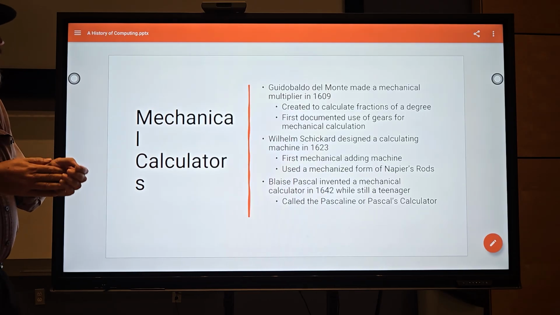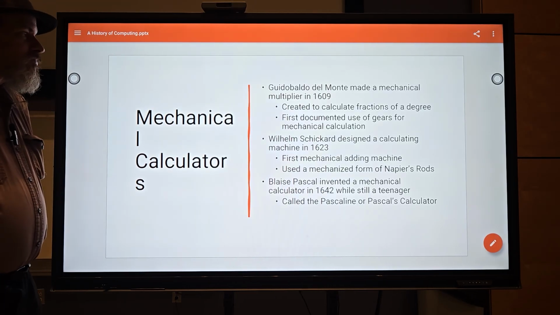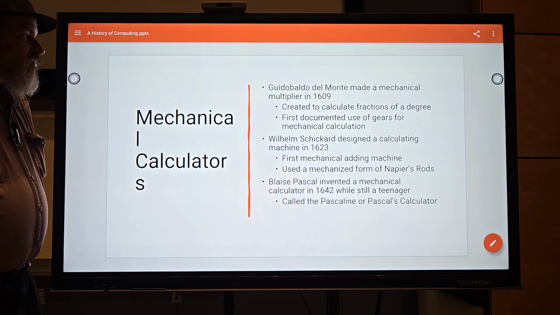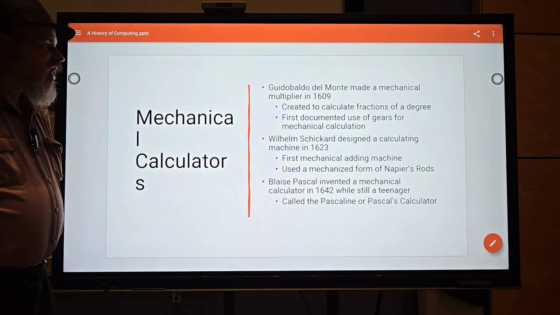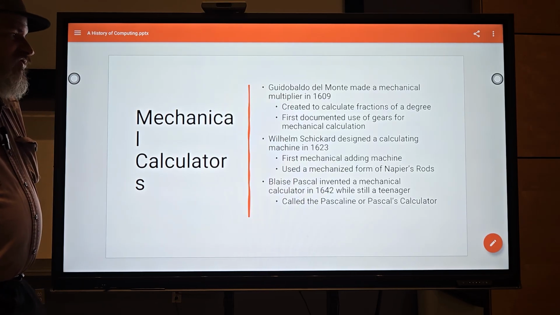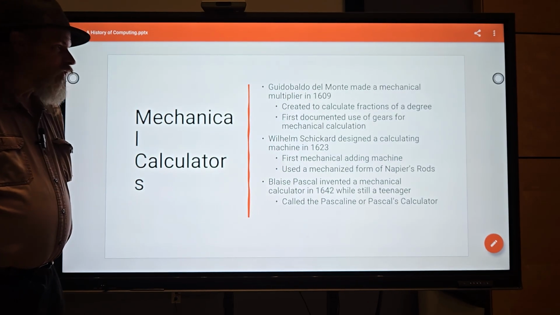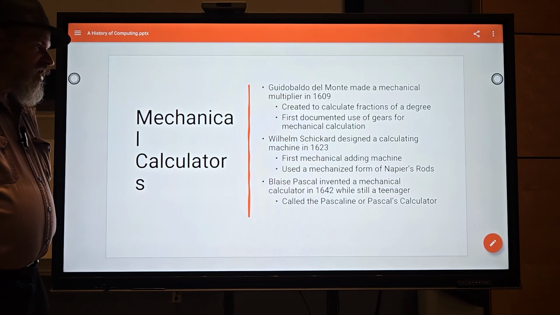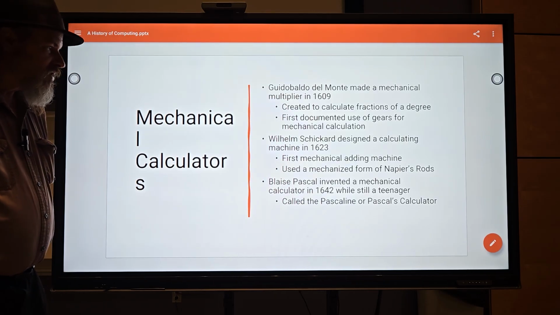And it was the first documented use of gears for mechanical calculation. Wilhelm Schickard designed a calculating machine in 1623. It was the first mechanical adding machine, and it used a mechanized form of Napier's rods, a variation of Napier's bones.